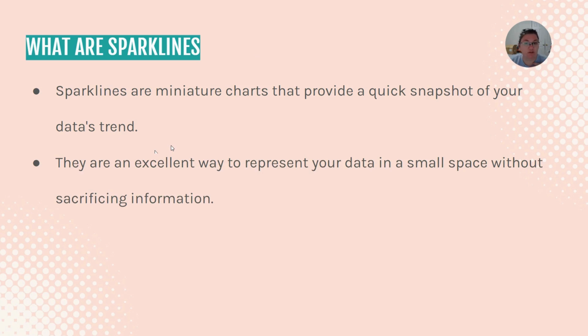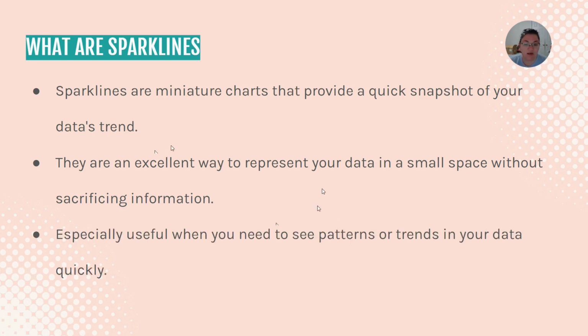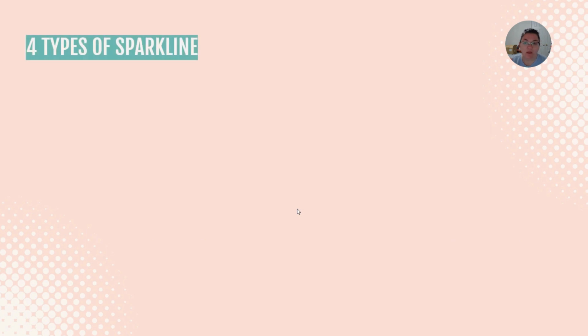If you have a small space to work with, or you want to track trends but you don't want to put a full-on chart in your spreadsheet, those are a great way to display either the trends over time, and you can track your progress, and I'm going to show you how to use them. And then it's really good when you want to see either patterns or trends in your data quickly.